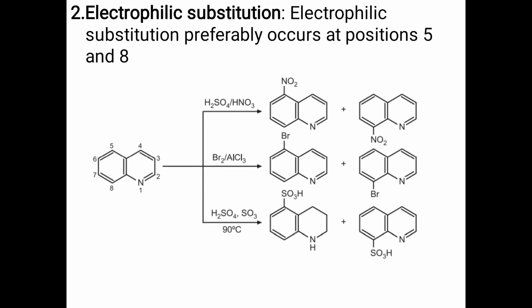Here quinoline is reacting with sulfuric acid, nitric acid, bromine, aluminium chloride or a sulfate group at some temperature. So we get two products as a result. The first will be at the 5 position and the second will be at the 8 position.